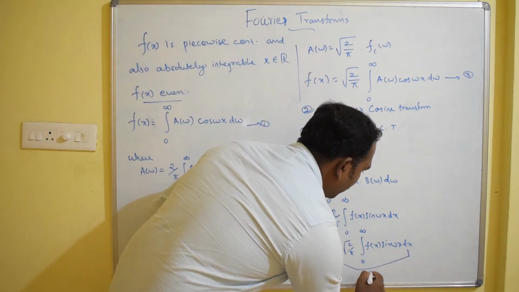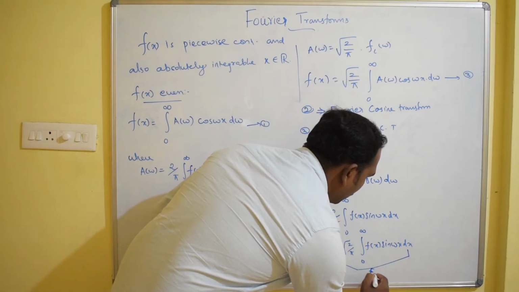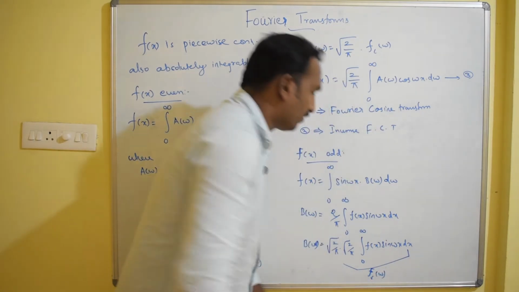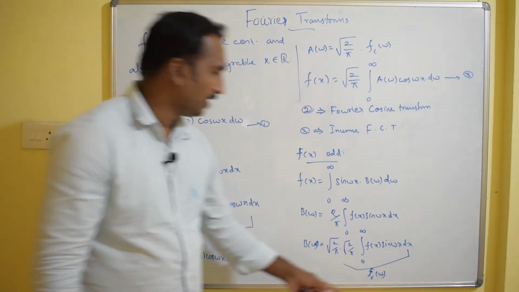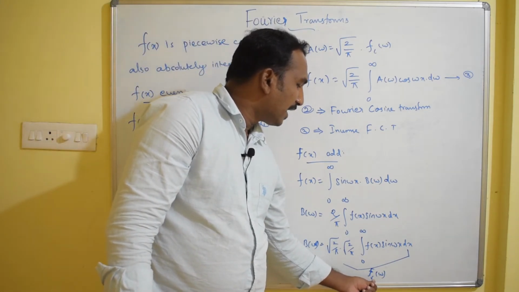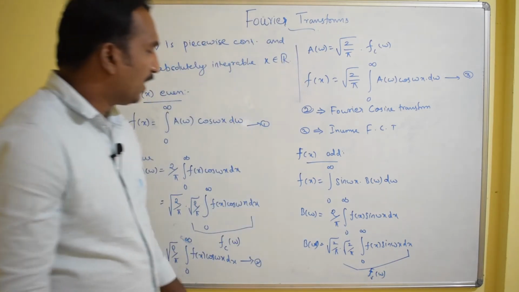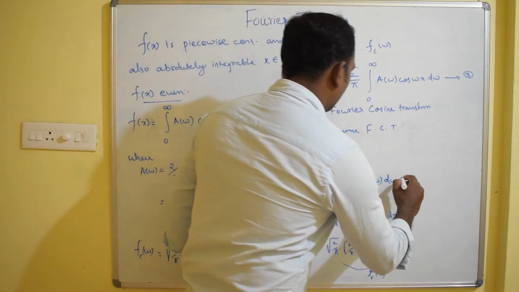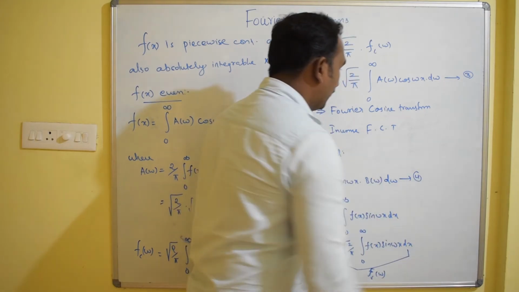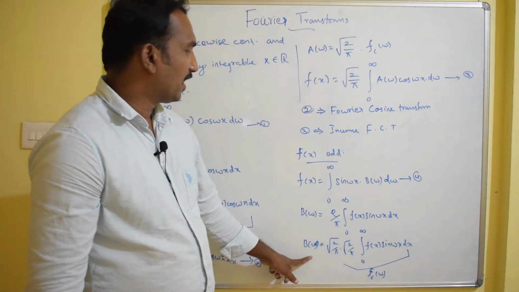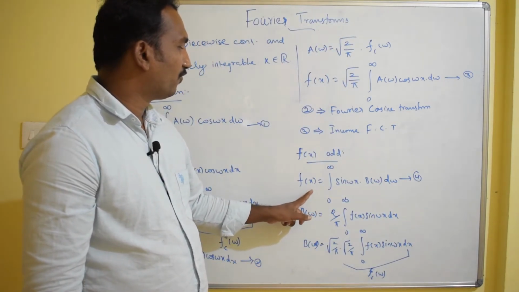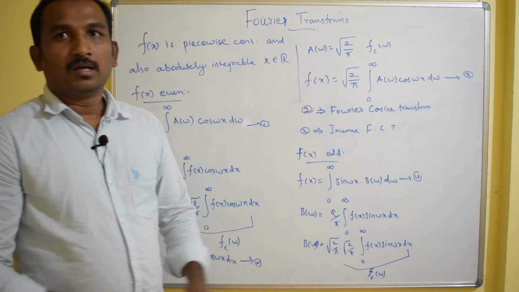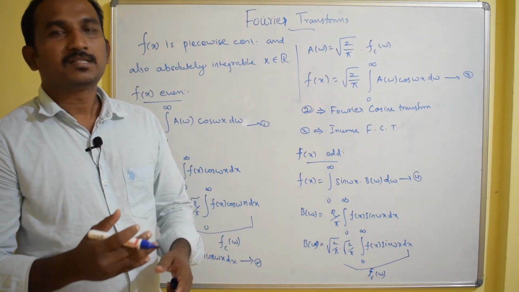This value I am going to take as F s of omega, or you can take capital F also, the Fourier sine transform. If you substitute this b omega in equation number 4, it will become the inverse Fourier sine transform.